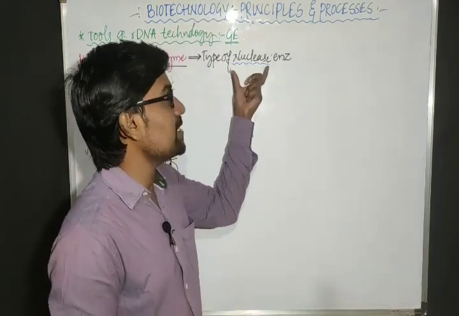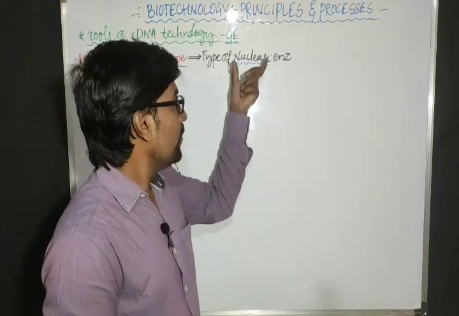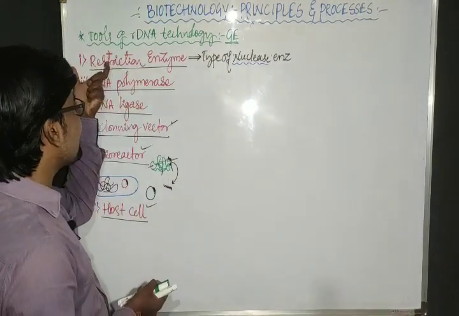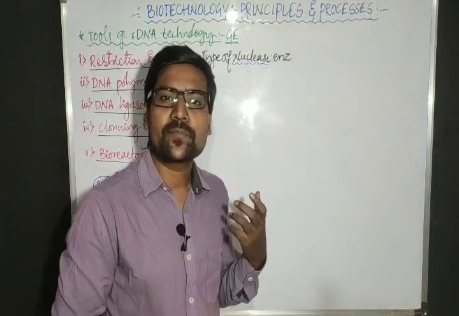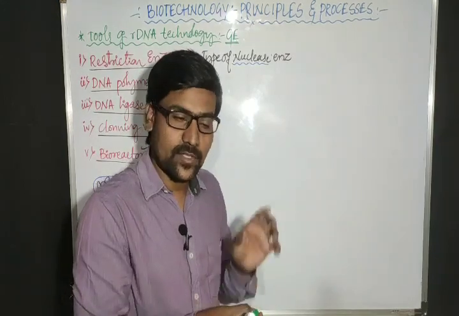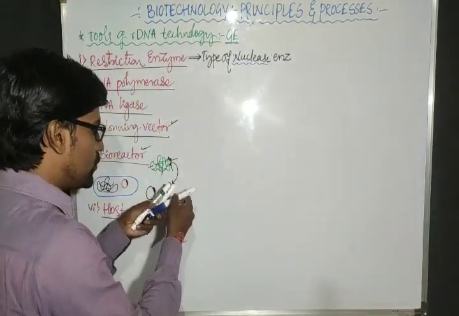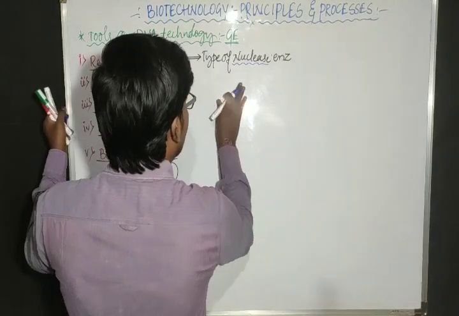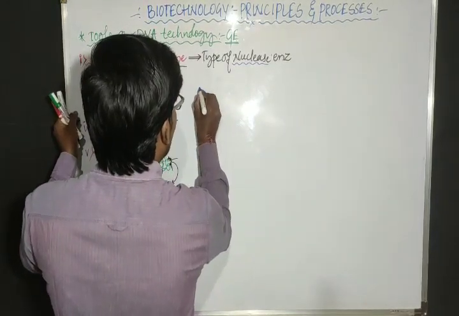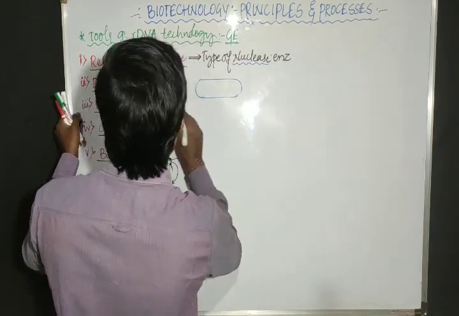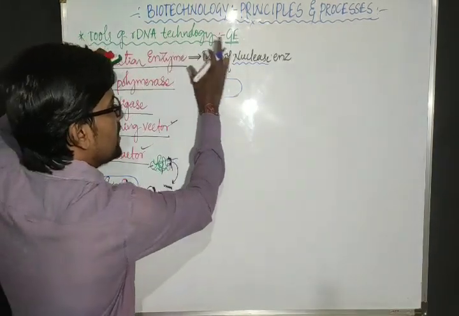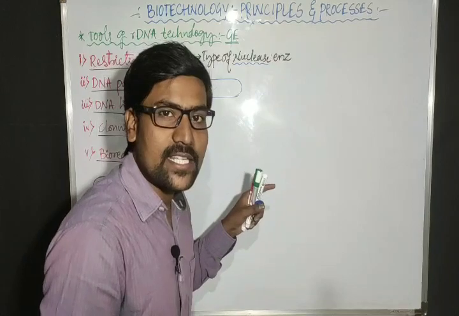And in the nuclease enzymes, we have that special category, restriction enzyme. Why did this term arise? So before going to that, let me consider, same as usual, an E. coli cell. So what I am saying is the restriction enzyme is one type of nuclease enzyme.